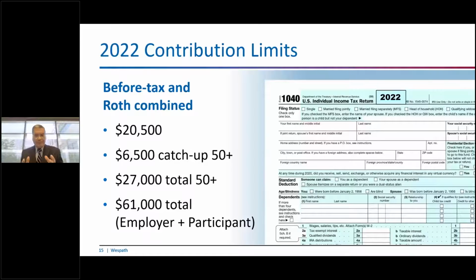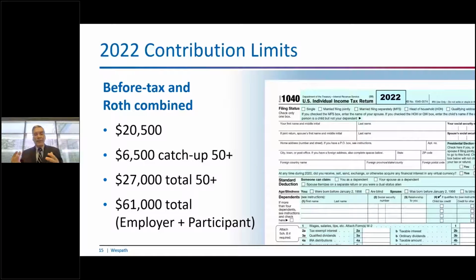The limits are high. This is a voluntary plan. So for most people, it's anywhere from 0 all the way up to $20,500. That's a lot of money. Put in what you reasonably can afford. In addition, if you are or will be over the age of 50 in this year, even if it's at the end of the year, and you've maxed out on the regular contributions, you are eligible to contribute up to an additional $6,500 in what's called a catch-up contribution.